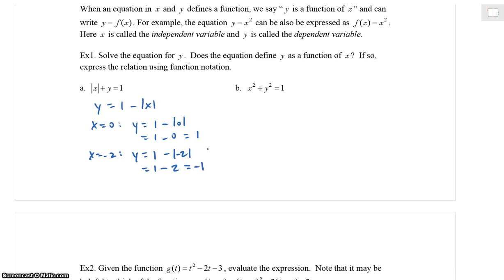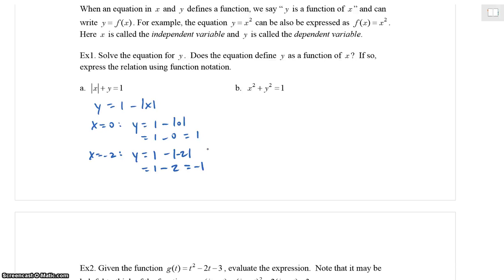The main point, however, is that for x equal to negative 2, there's one and only one y value associated with it. So again, we see that the definition of function is satisfied, and pretty soon we would realize that it doesn't really matter what we choose for x. We're always going to get just one y value that corresponds to it.